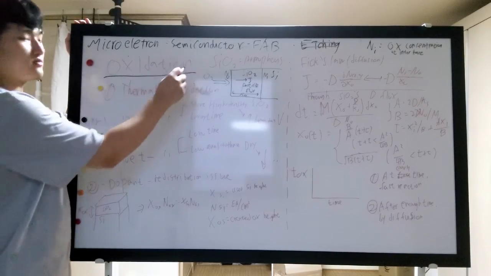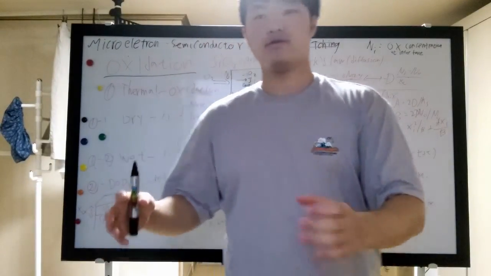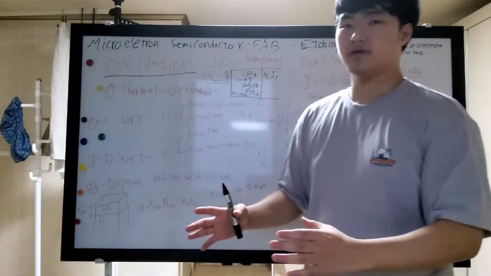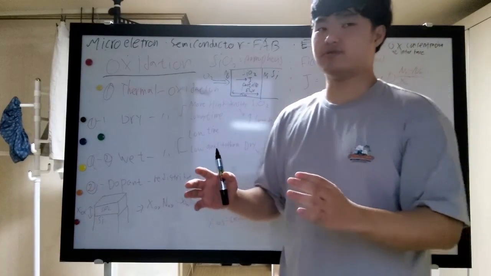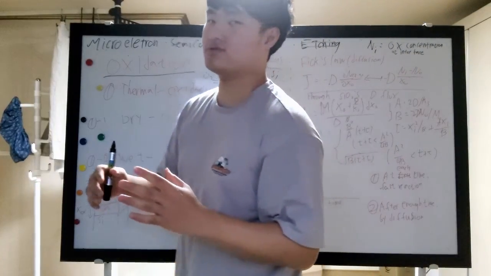The oxidation can be made as follows. Let's say there is a layer of wafer that is just pure silicon, and we inject oxide to the silicon surface.